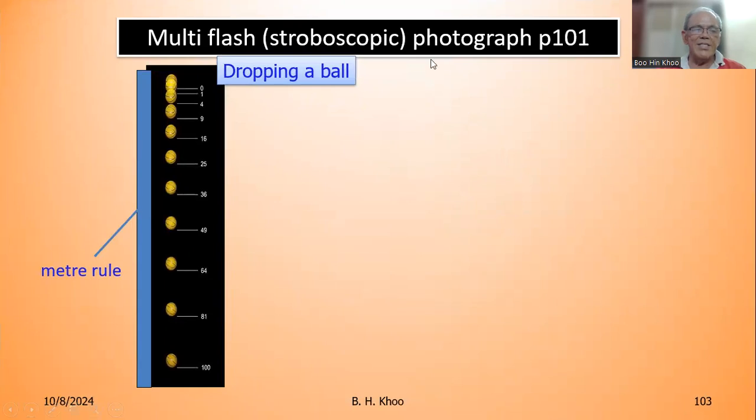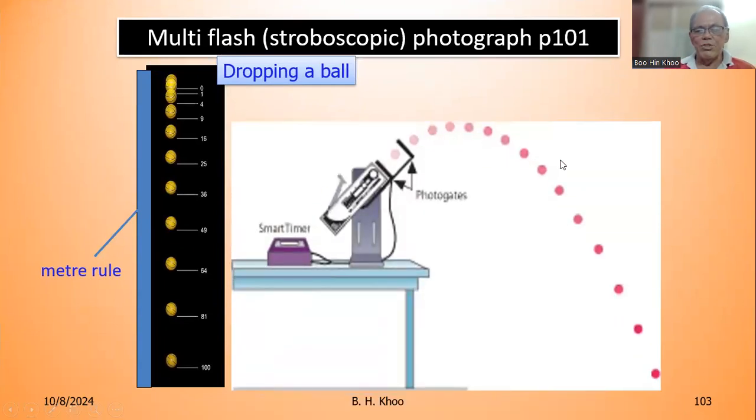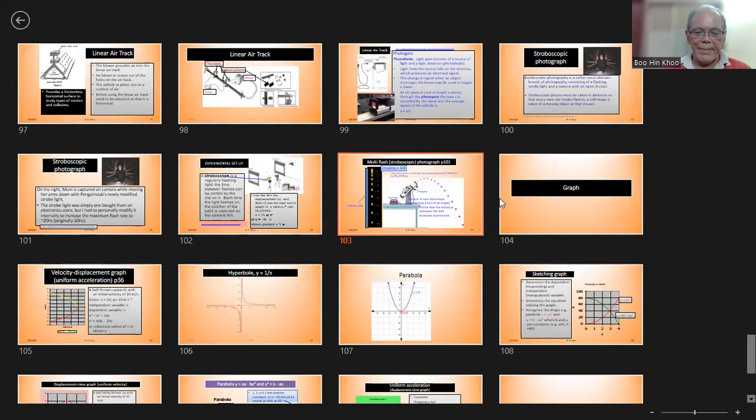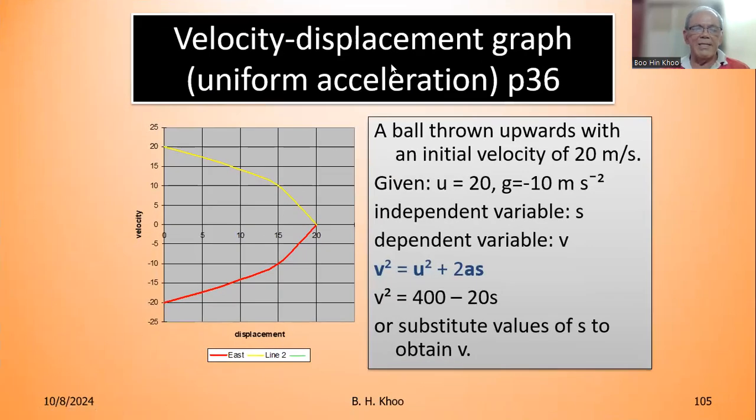So the time between the ball positions is the same. This is also a stroboscopic photograph or multi-flash photograph. Okay, I won't go into much detail. This is a velocity-displacement graph for a ball thrown upwards.